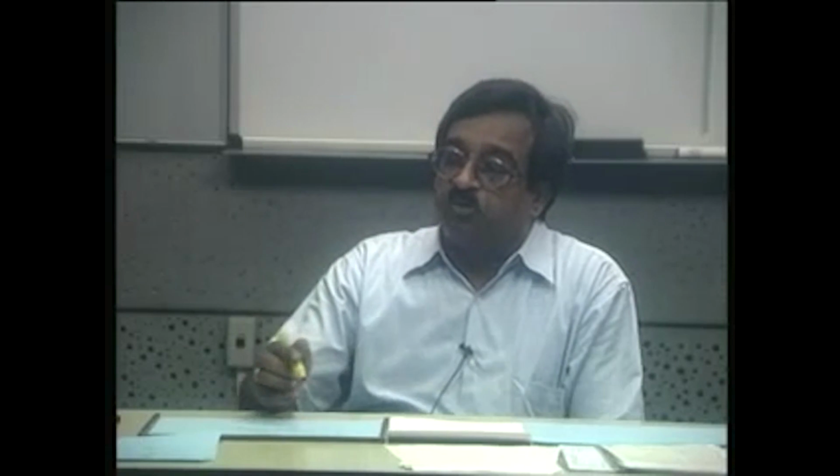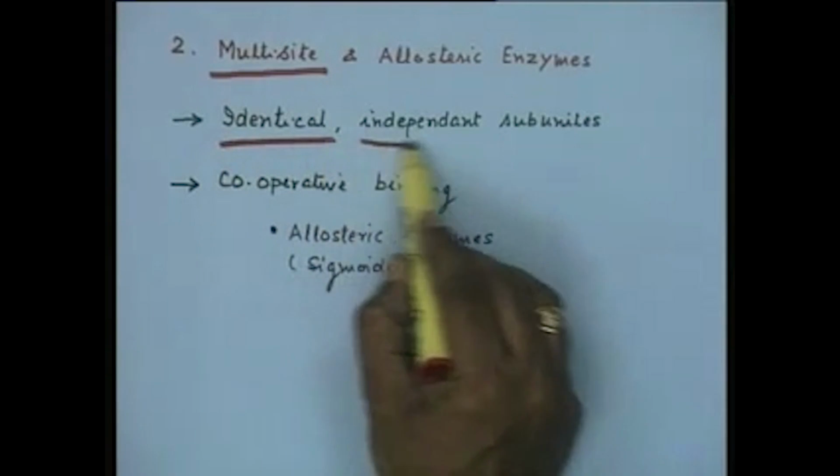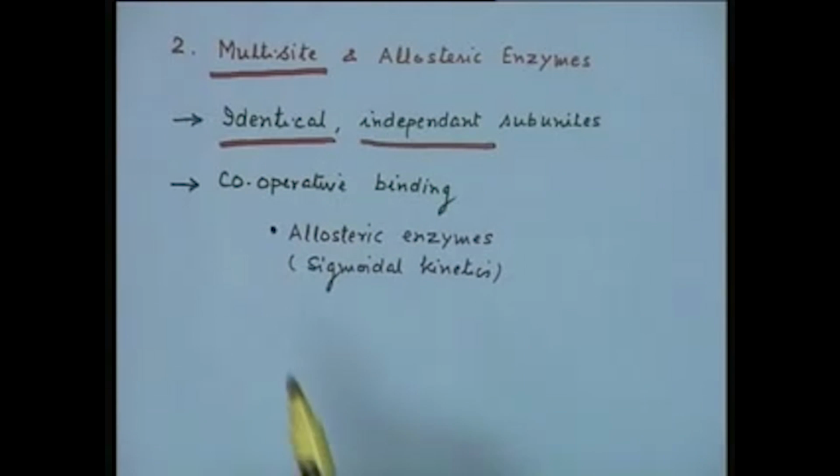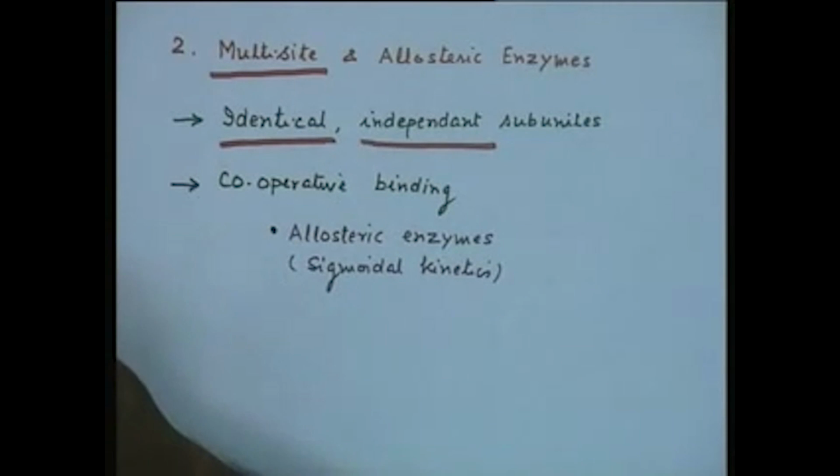Now there are two kinds of situation. One is that the active sites on these oligomeric enzymes might be identical and independent. Notice the two terms which I have highlighted here. Identical means the catalytic sites have identical free energy change of binding.